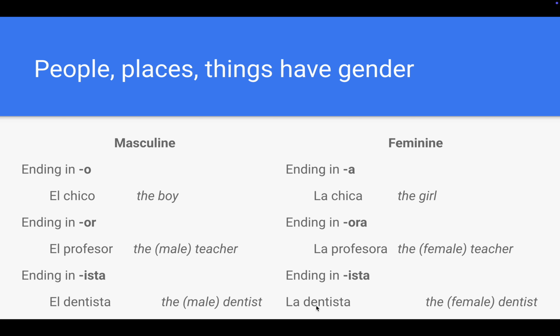We'll talk more about those in a minute. So if it's la dentista, that tells us, oh, well, now it's a female dentist. If it's a male dentist, it's still dentista, but now we're going to use el dentista, and that tells us it's a male dentist. So the dentista, the actual noun part itself, it could be masculine or feminine if it ends in that ista ending.